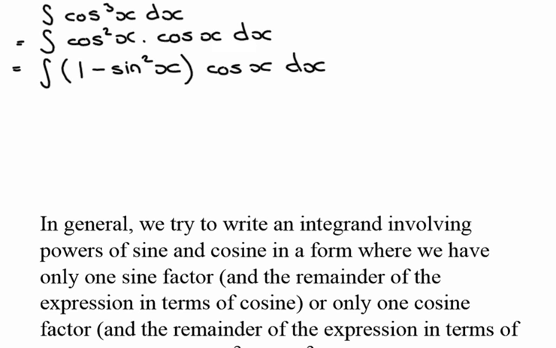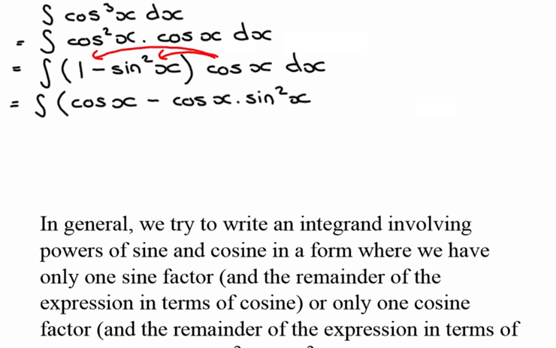At this point, you can times into that bracket. So I'm going to times my cos x in. There we go. Times it in, and I'm going to get the integral of cos x minus cos x times sine squared x with respect to x.